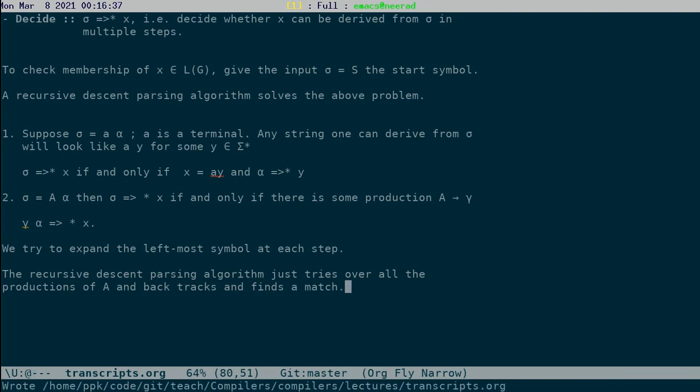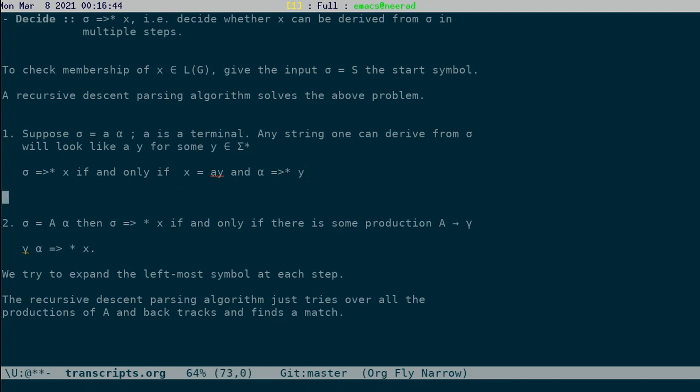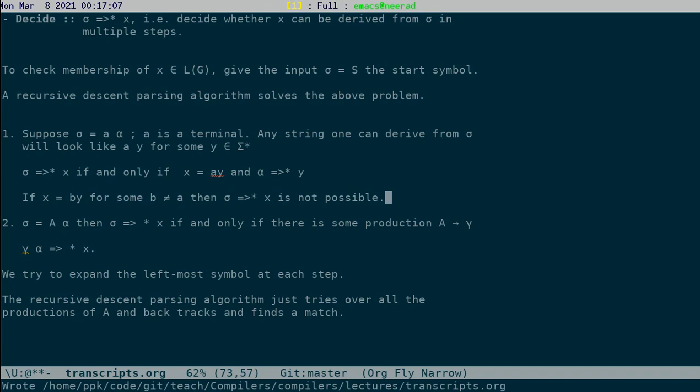Okay. So this is what the algorithm does. So from the first point, you can also see that if x looks like b times y for some b not equal to a, then sigma cannot derive x, so it is not possible. So in those cases it can backtrack. Okay.